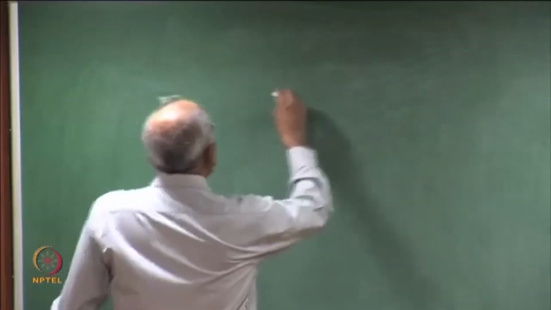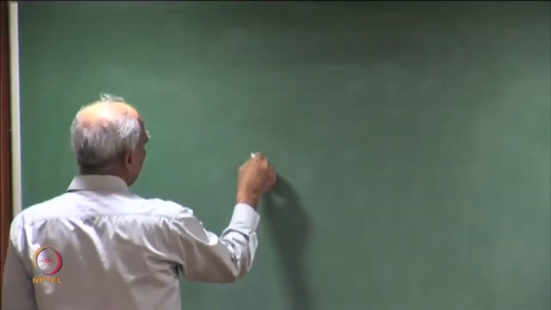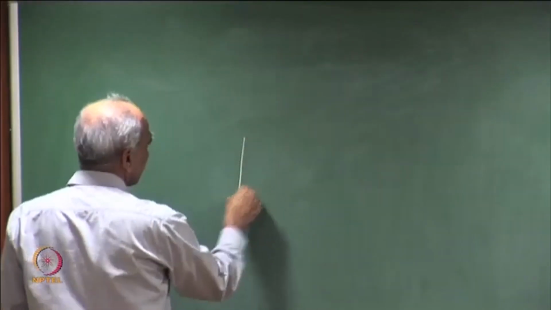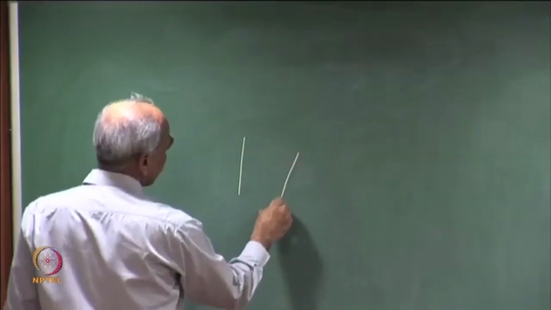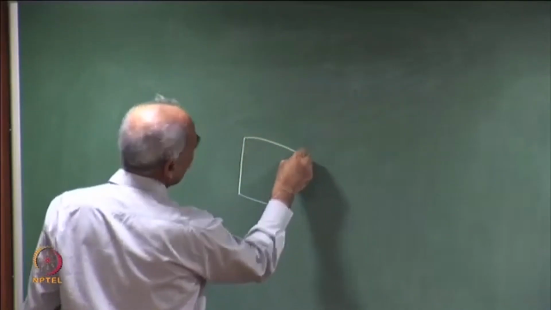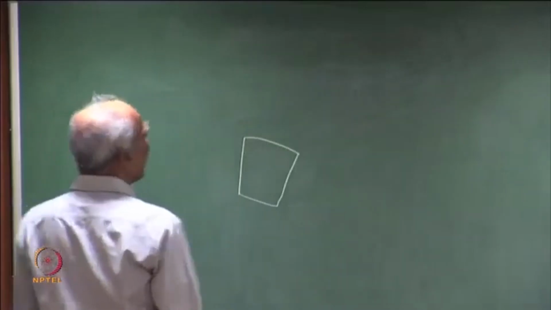So, here is the AWG. Let me start with the arrayed waveguides.